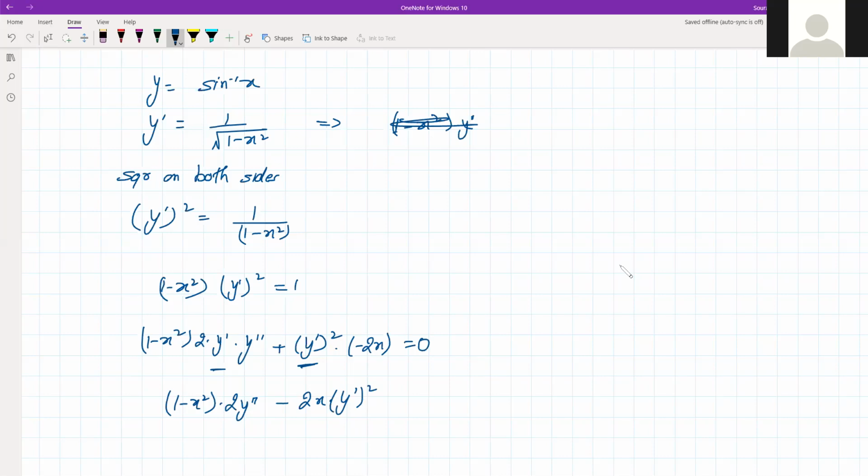This is equals to 0. And again 2 common. So what do we have is 2 common, and sorry, even this is out of this 1 y dash we have already taken. So in the end there is just 1 y dash. So taking 2 common, we will have 1 minus x square into y double dash minus x y dash is equals to 0.